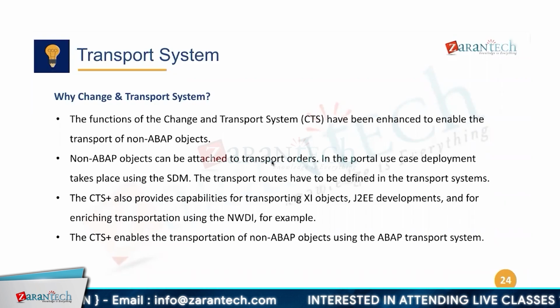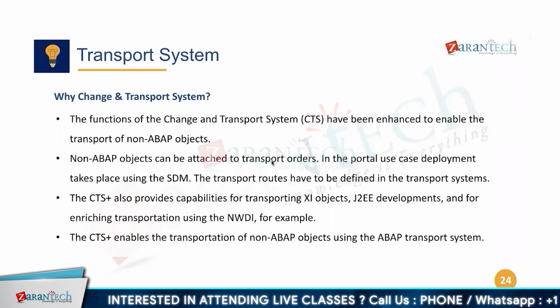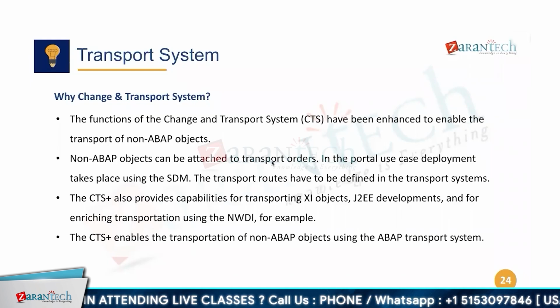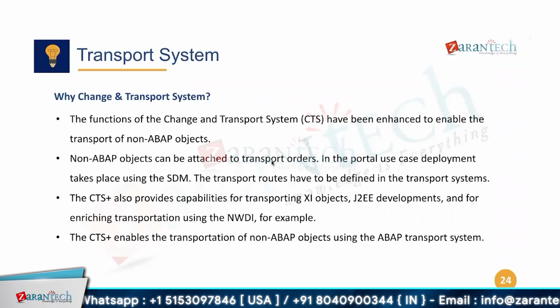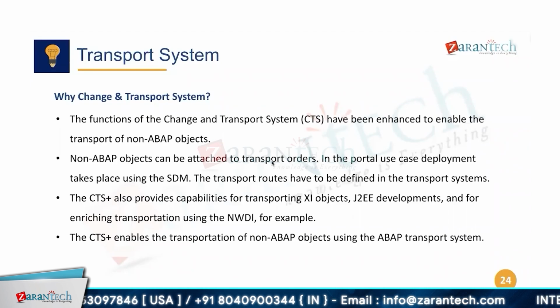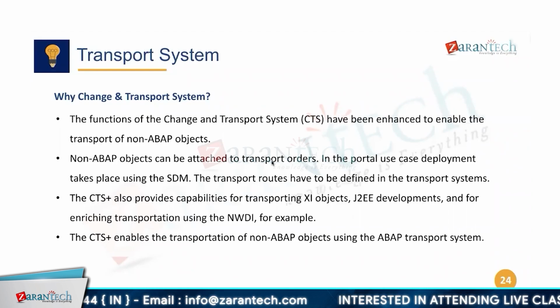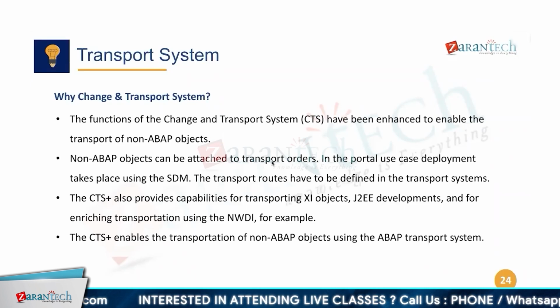What happens is these non-ABAP transports, in a particular order, they will arrange it and then give us the files to deploy. There is a specific deployment option in NWA. So you have to log into the NWA and there is an option to import those XI objects or J2EE developments. Or sometimes they will give the deployment files.